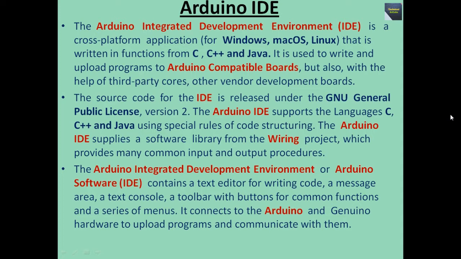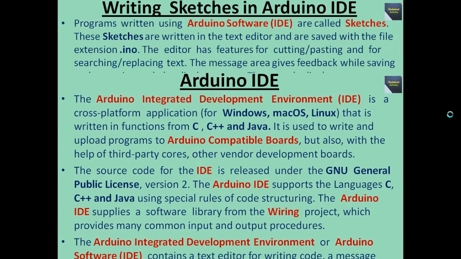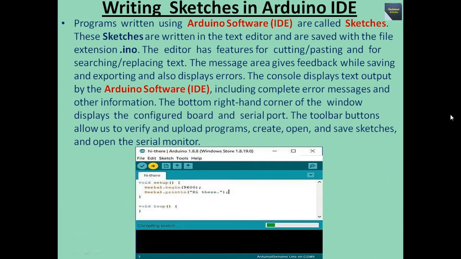It connects to the Arduino and Genuino hardware to upload programs and communicate with them. Okay. In October 2019, the Arduino organization began providing early access to a new Arduino Pro IDE with debugging and other advanced features. Right.